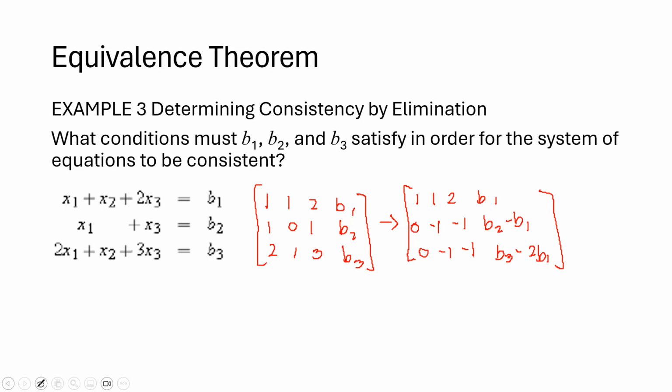So you have 1, 1, 2, B sub 1; then 0, 1, 1, B sub 1 minus B sub 2; and then 0, negative 1, negative 1, B sub 3 minus 2 B sub 1.